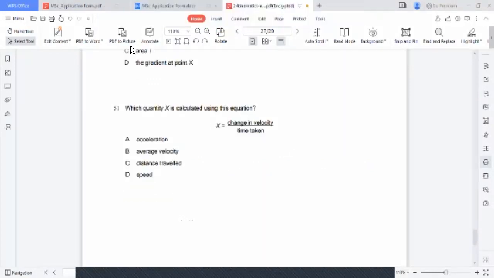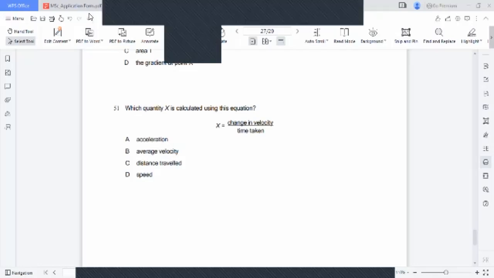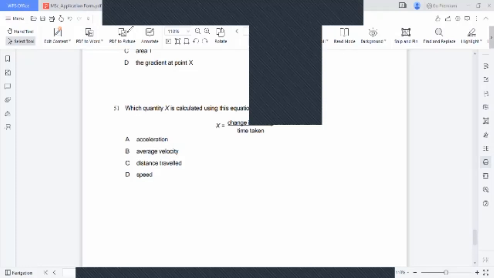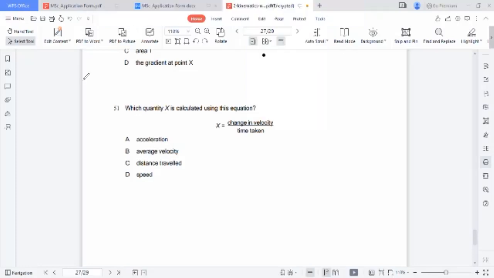Which quantity X is calculated using this equation? Just look at the question. Suppose you don't know the formula, so we can use the method of units to find it. The quantity is change in velocity.